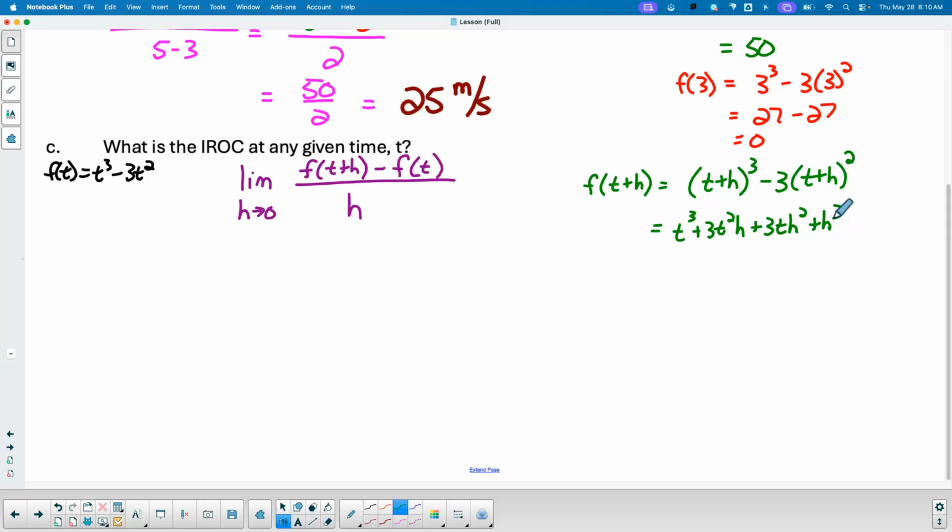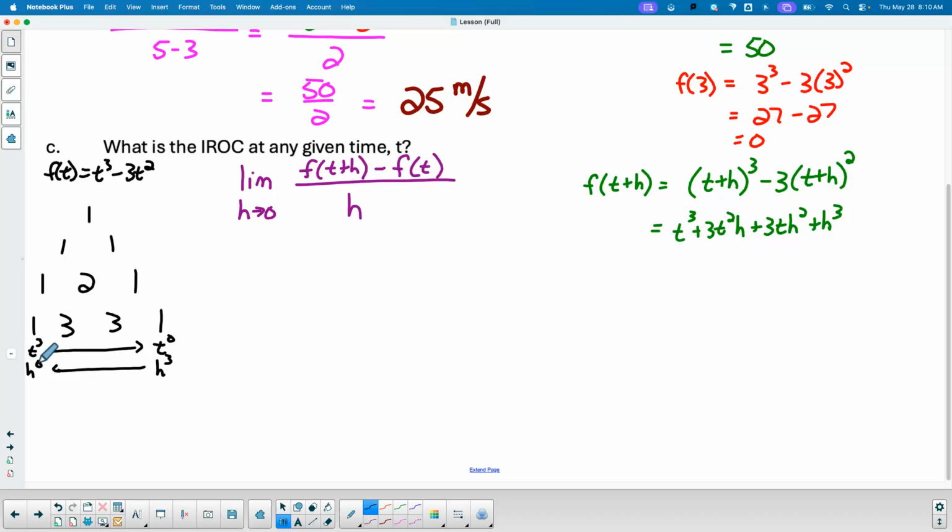If I remember my Pascal's triangle, there's degree 0, here's degree 1, here's degree 2, degree 3. We start with t cubed, and we go down to t to the 0 power, and we start with h to the 0 power and go up to h cubed. So yep, that's it.